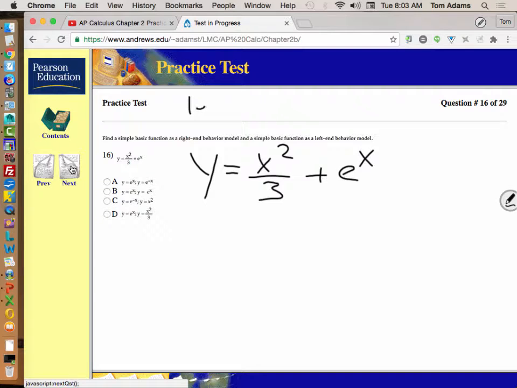And so for the left-hand behavior, we're talking about the limit as x approaches negative infinity. Now, if we're talking about the right end, we're talking about the limit of the function as x approaches positive infinity.